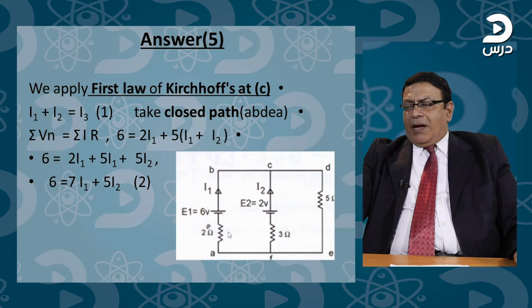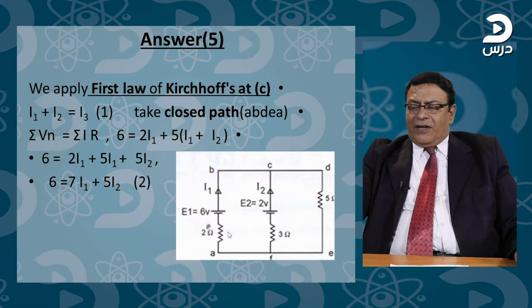We take closed path A, B, D, E, A. Summation of V equals summation of IR. So 6 equal 2I1 plus 5I1 plus I2. So 6 equal 2I1, 5I1 plus 5I2. The final equation 6 equal 7I1 plus 5I2.